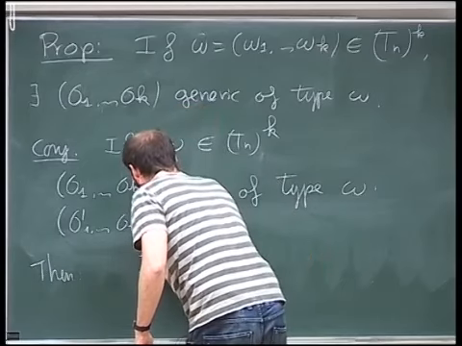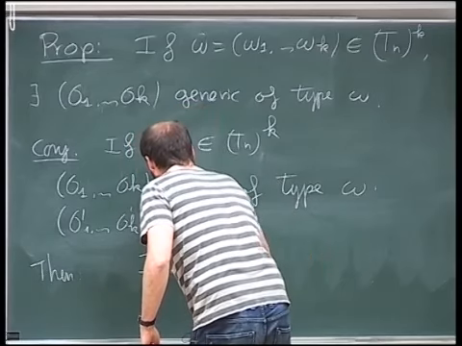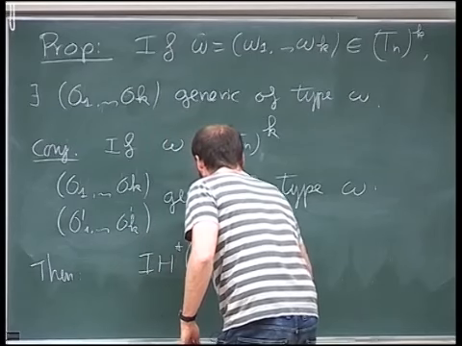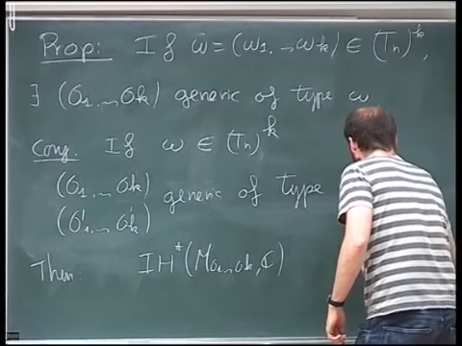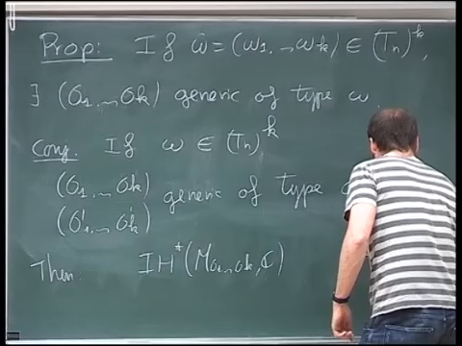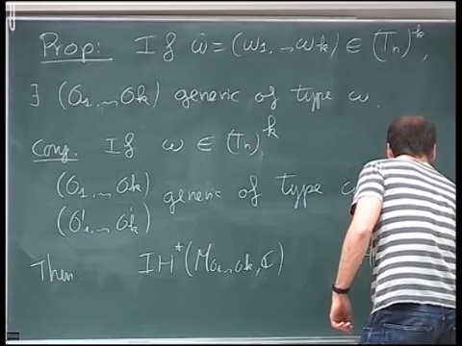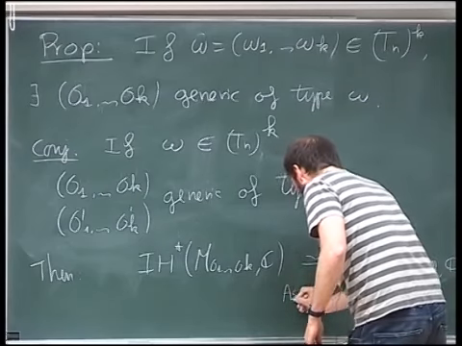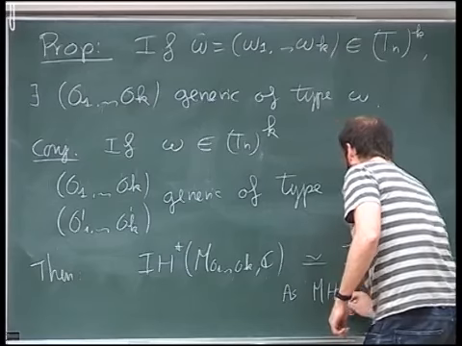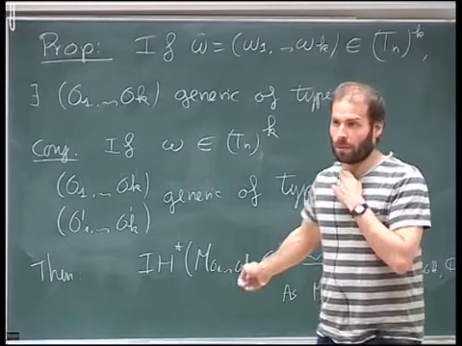If I take the intersection cohomology with complex coefficients of the first character variety, and that of the other one, M_{O'_1, ..., O'_k}, then they are isomorphic as a mixed Hodge structure. I will recall what I mean by that.